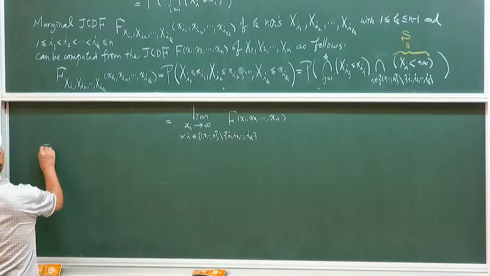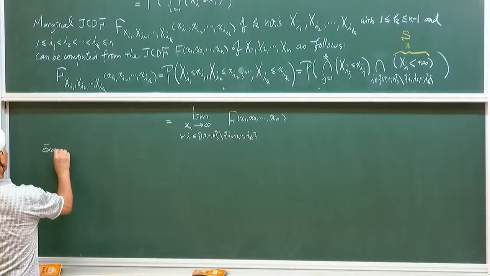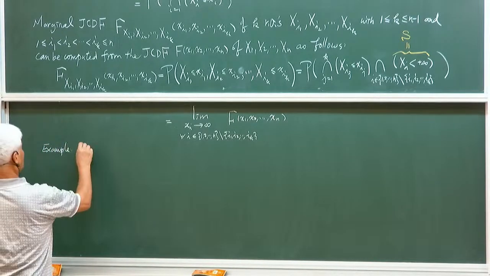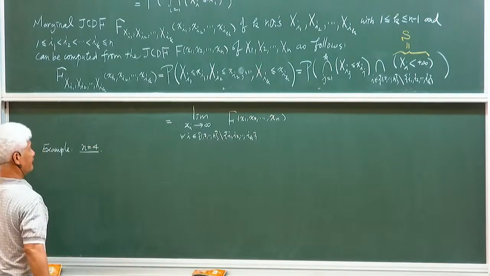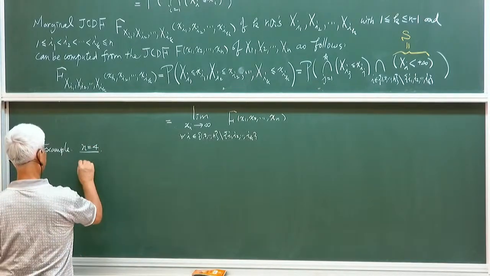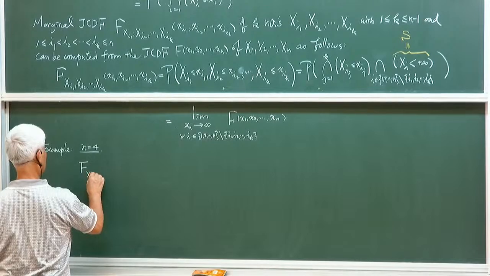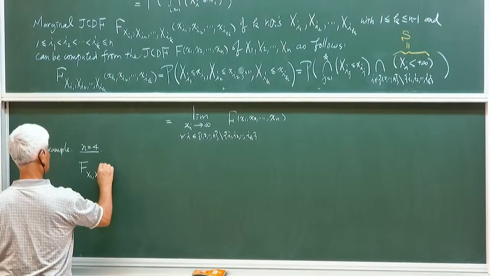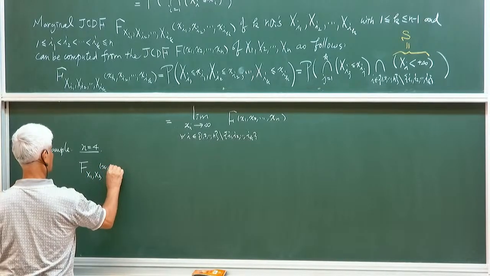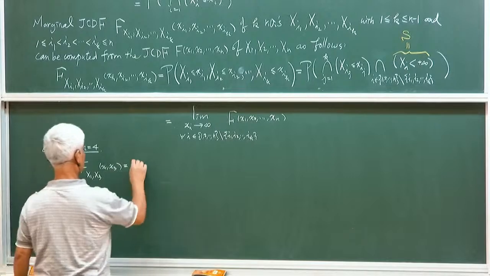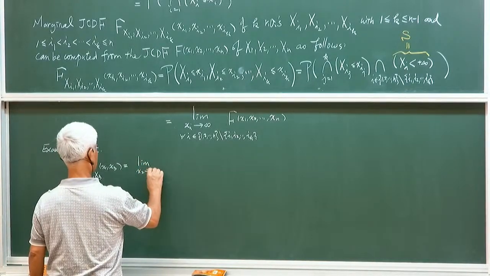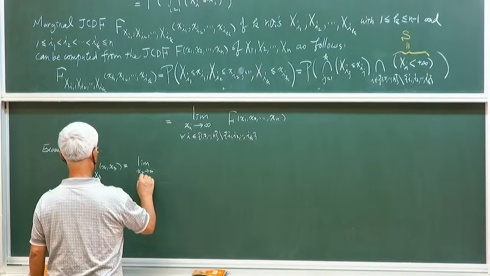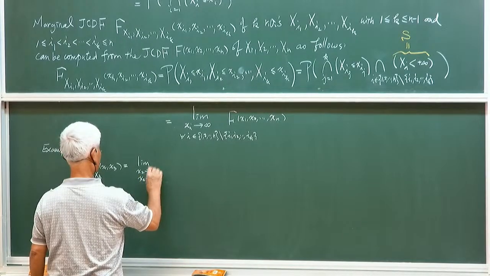So for example, suppose n equal to 4 in this case. So the F of x1 and x3, okay, this is the limit as x2 goes to infinity and x4 goes to infinity of the joint CDF F of x1, x2, x3, x4.